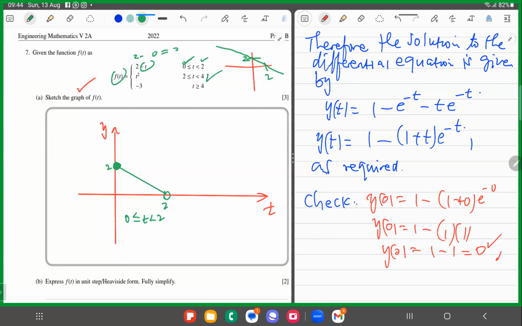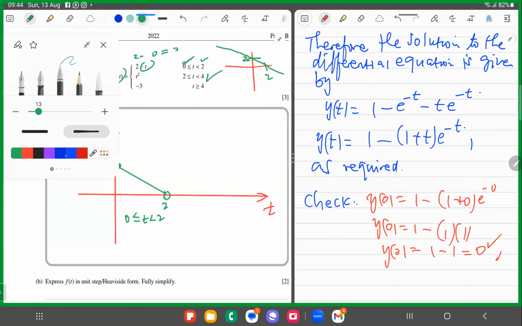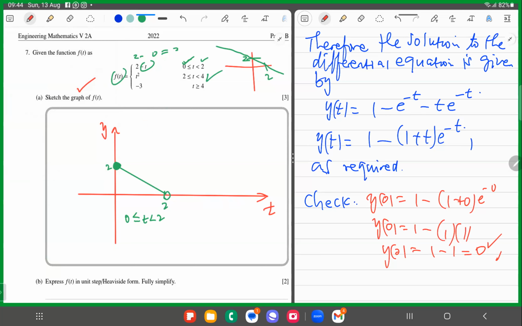Now, there's another function that you sketch between 2 and 4. But now that will be the t-squared part. Between 2 and 4, you have the t-squared. What is the graph of t-squared? The graph of t-squared is a parabola like this.